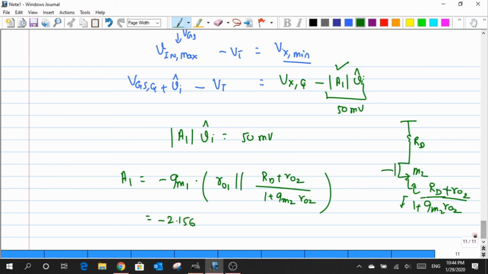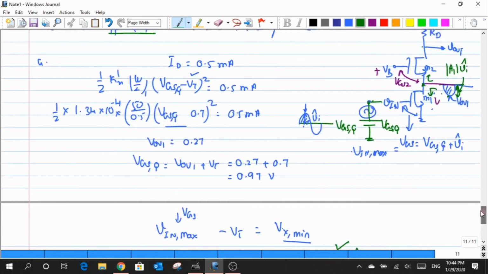Now once I get the value of this A1, I just substitute here, and from here I can compute the value of Vi hat to be equal to 50 millivolt divided by this gain, whose value is 2.156. That gives us a value equal to 23.19 millivolt as my peak value that I can have across the Q point at the input.